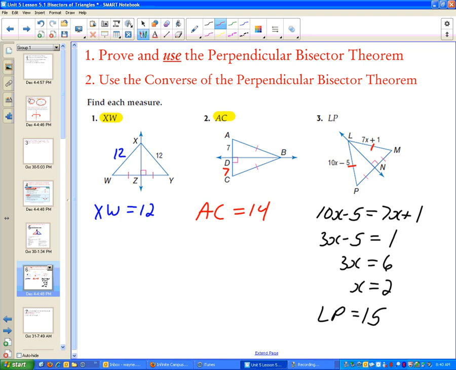Because two of the sides are congruent. I mean, think about it. When you use your perpendicular bisector to form a triangle, automatically you're getting legs that are congruent, aren't you? Because that x is equidistant from w and y. So you're getting isosceles triangles out of each of these.